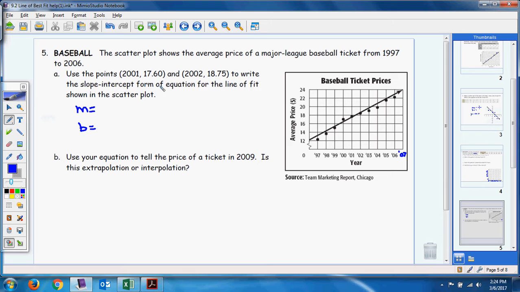It's asking us to use these 2 points here to help us find the actual slope. So if you notice, it's really just the change of y over the change of x, and that's what we've done before. y2 minus y1 over x2 minus x1. So again, this is x1, y1, and x2, y2.